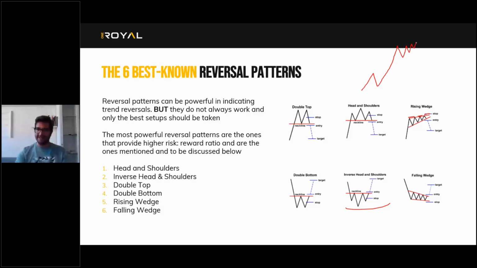Instead, we have seen small impulsive waves and the peaks are getting closer to each other, and this indicates a failure of movement to the upside, or that the buyers are weak, and you will notice a move to the downside most probably. Similarly, if we are talking about the falling wedge.